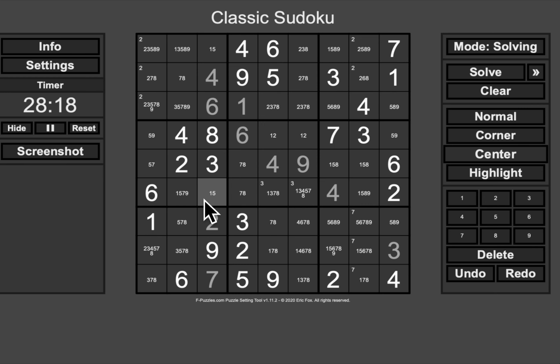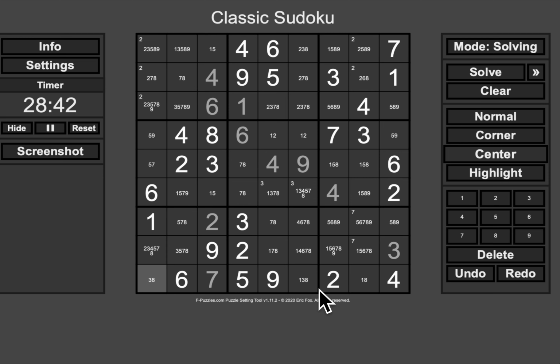Let's see. Okay, all I've managed to rule out is that's not 7. And neither is that, or that. 3 or 8.